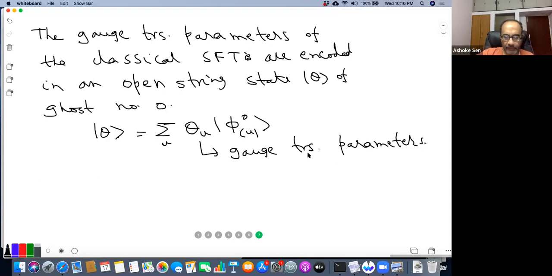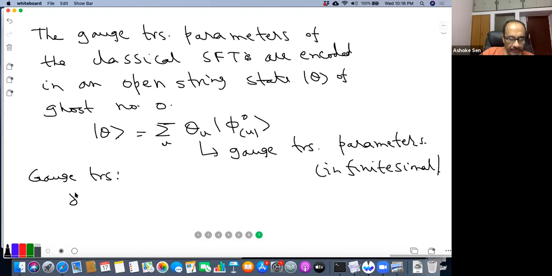And, I should have said, infinitesimal. We are always talking about infinitesimal parameters. And the gauge transformation law is delta psi equals Q_B on theta. So if you expand theta in this basis, and you expand psi in this basis, then by comparing the coefficients of each basis state on the two sides, you can read out how the individual components of psi transform under theta. That's what we mean by the gauge transformation law being given by this.